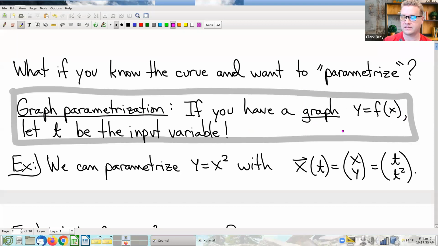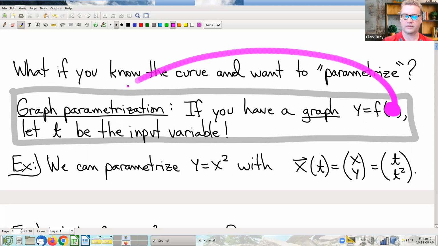We'll talk about the details more later, but graph means that you have one of the variables solved for in terms of the other. If you have a graph, then just set the input variable to be your parameter. Let's say t.